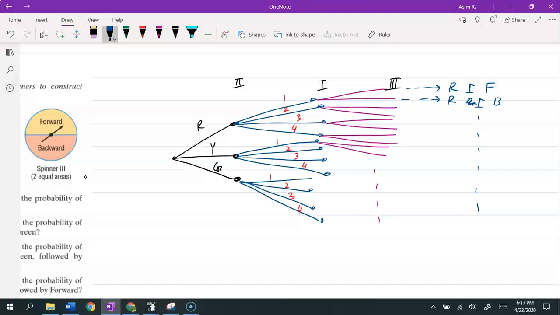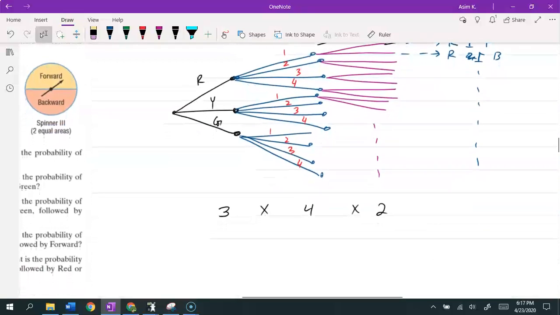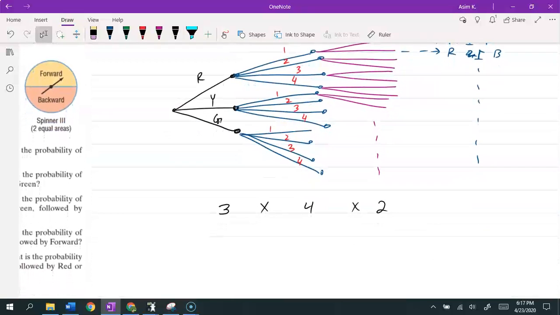But one thing I will tell you, as far as counts are concerned, I could have done that from the beginning. There are 3 chances for spinner 2, then 4 chances for spinner 1, then 2 chances for spinner 3. Now remember, in the homework, you need to write out all those chances. That's called the sample space. I know it's a lot of work, but you need to do it. That's the only way you'll learn, right?